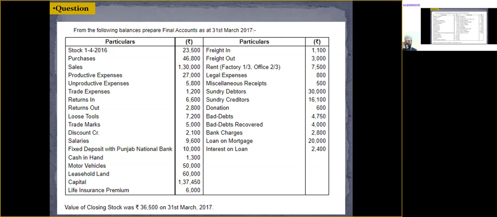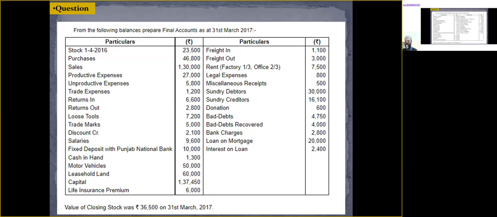So all of you, first of all, prepare the format of all these accounts, all the statements. Prepare the format of the trading account, prepare the format of the profit and loss account and the balance sheet. Then after preparing the format, we will be transferring each and every item into the relevant account.